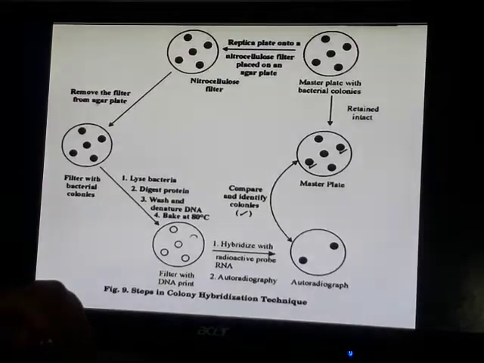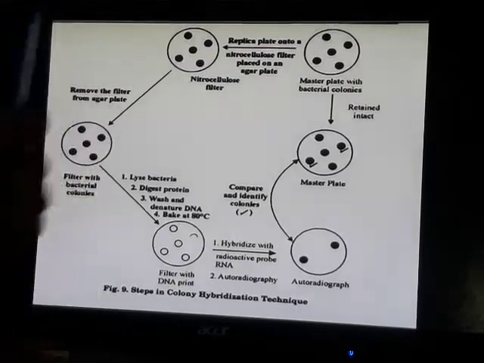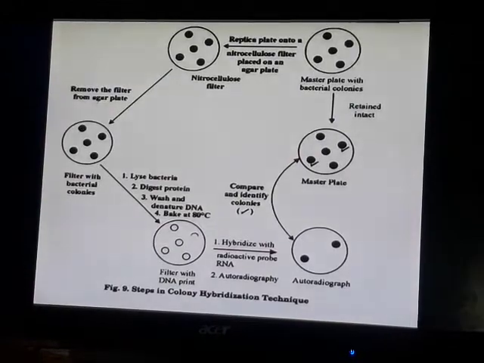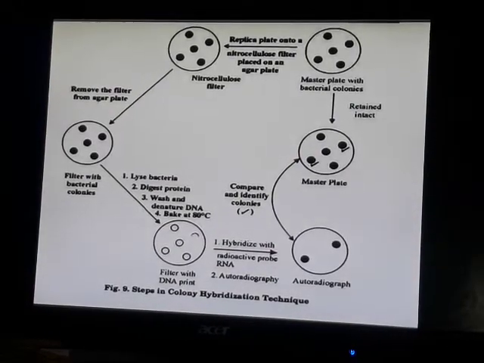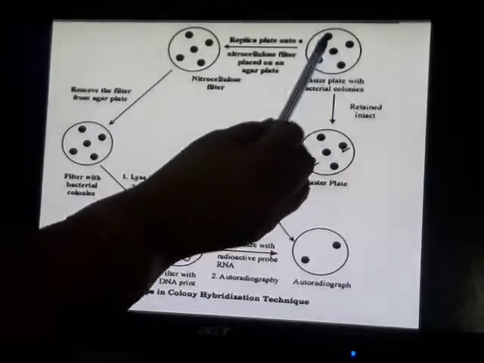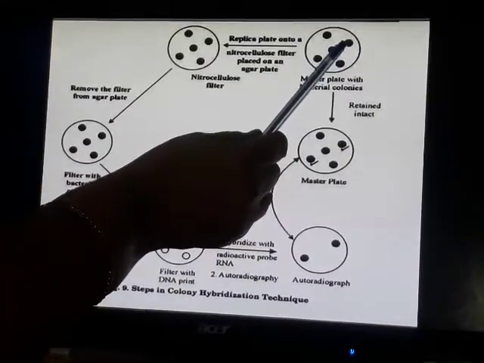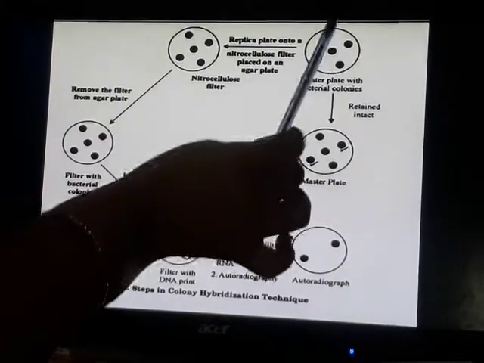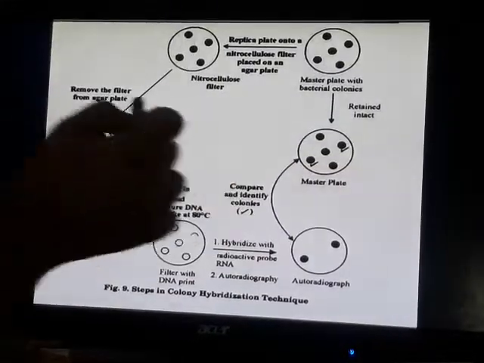So what you are supposed to do here is, now you have a plate where you did a transformation, and you have to select which is your transformed cell, whether you have introduced your gene of interest properly or not, among this population, which is your transgenic cell.